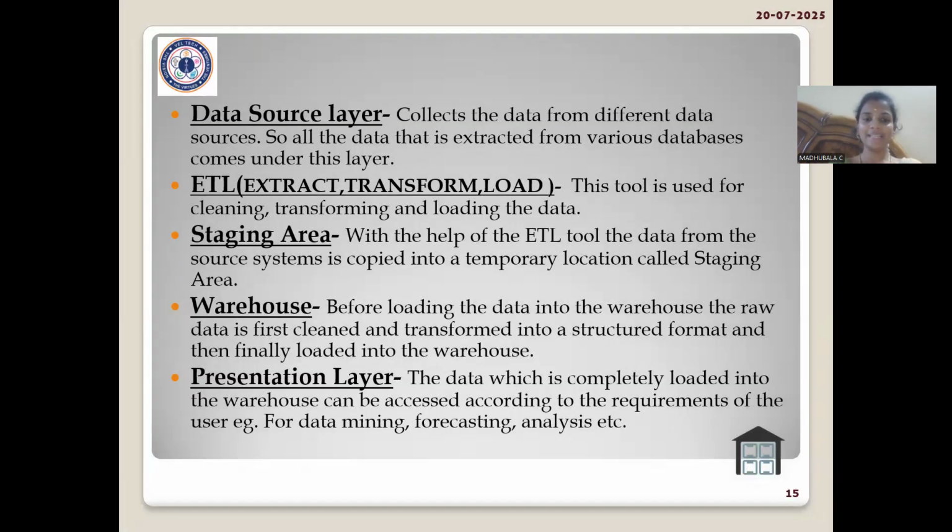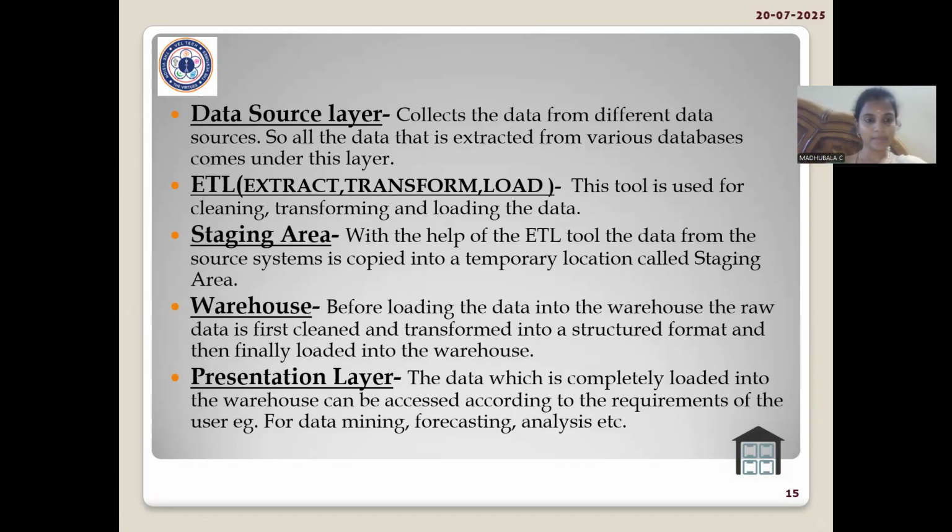Here E means extract, then it is transformed, and then it is loaded into the data warehouse. Extract means data is gathered from various sources such as databases, cloud storage, and flat files.